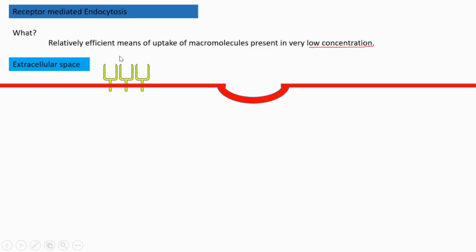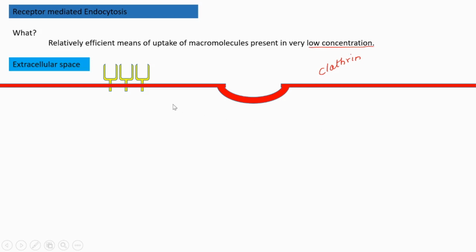After those molecules bind with the receptors, the receptor with the molecules moves towards this pit. It is called a coated pit because it is wrapped by other protein molecules, peripheral protein molecules called clathrin. Clathrin, I will give you the spelling. Clathrin.